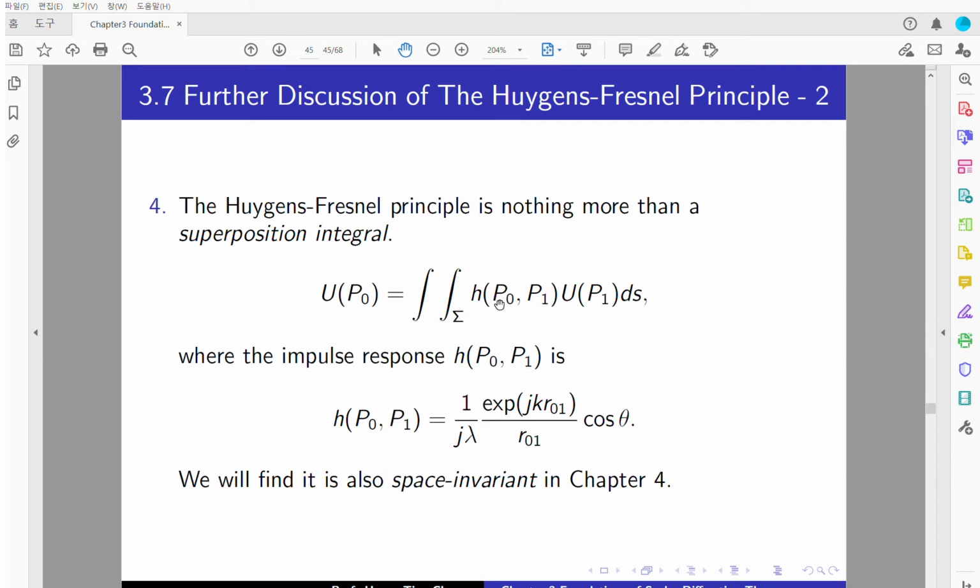Okay, so the impulse response function contains the vectors R01 and R01, along with theta. Theta is the directional cosine, the angle between the vector R0 and R1. Okay. So this is the simplest form you can think of.